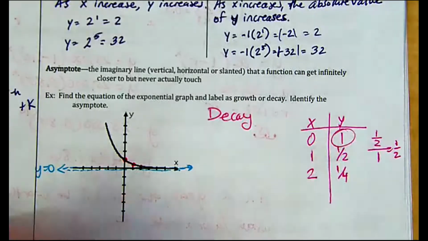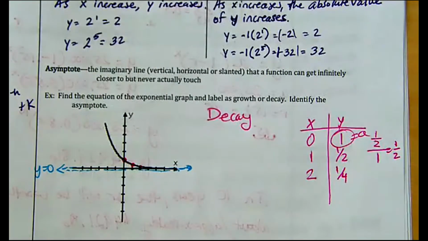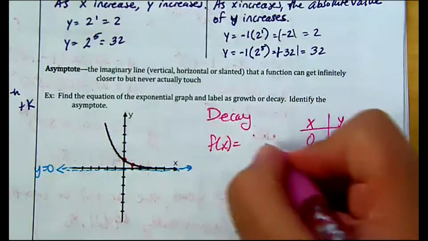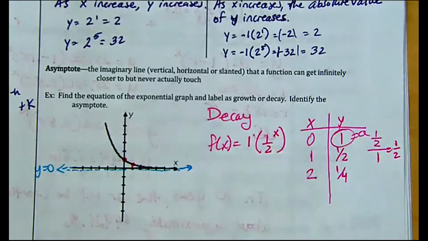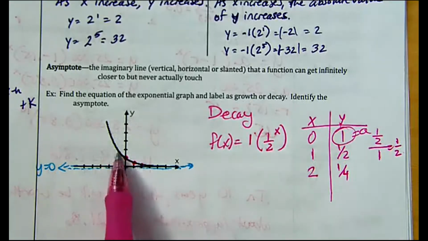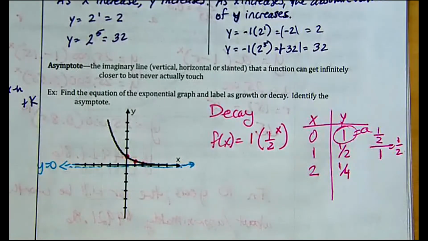That's my A. So my function can be f of x is equal to 1 times 1/2 to the x power. There's my A, there's my B, and this is increasingly moving toward my asymptote here.